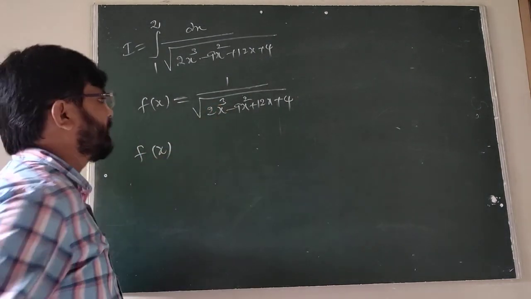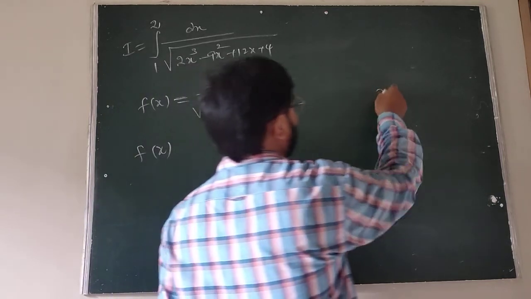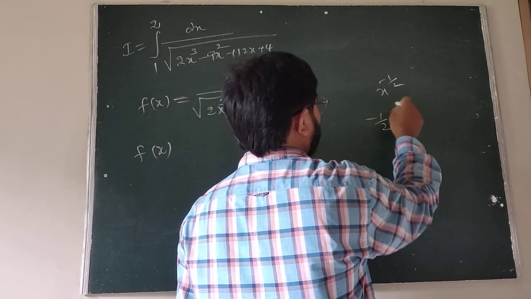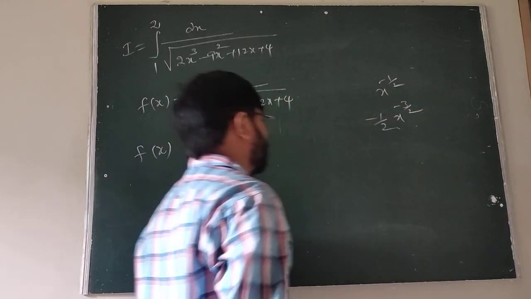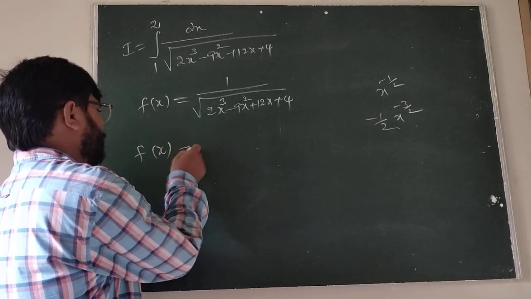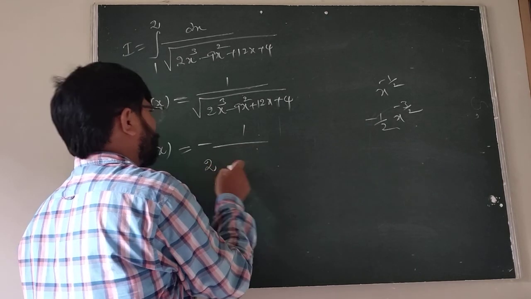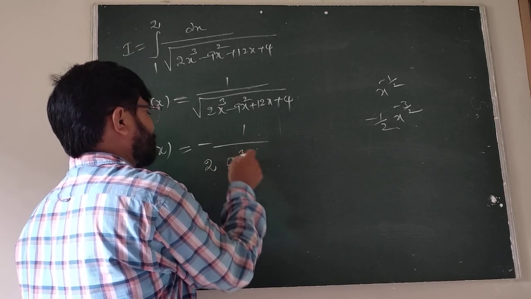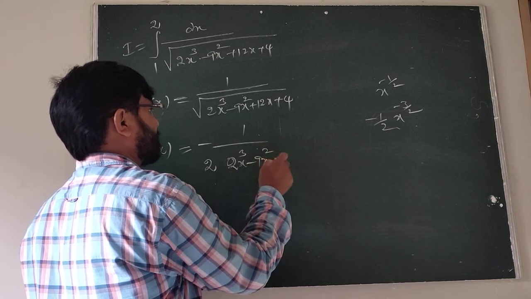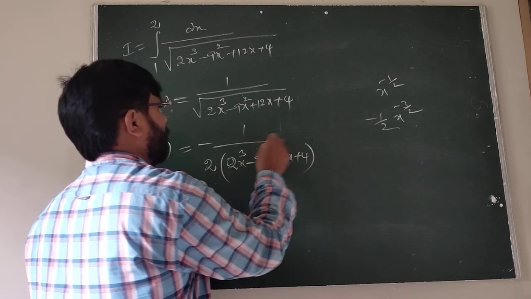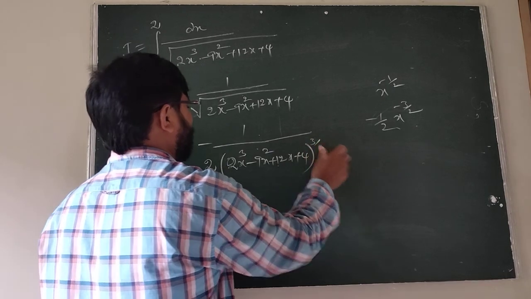This is 1 by root x, that means x power minus 1 by 2, whose derivative is minus 1 by 2 x power minus 3 by 2. Therefore we can write minus 1 by 2 into 2x cube minus 9x square plus 12x plus 4 whole power 3 by 2.